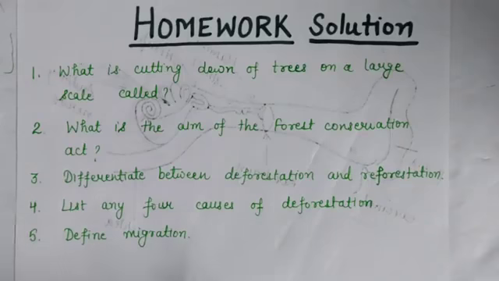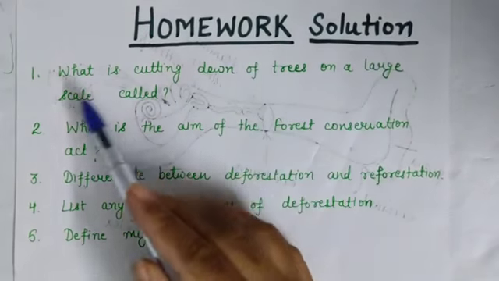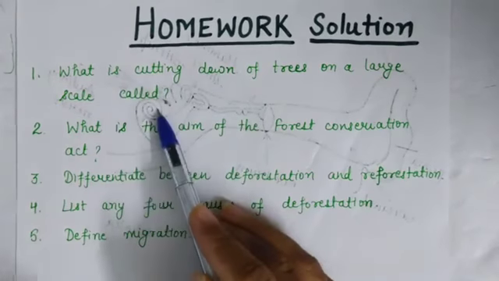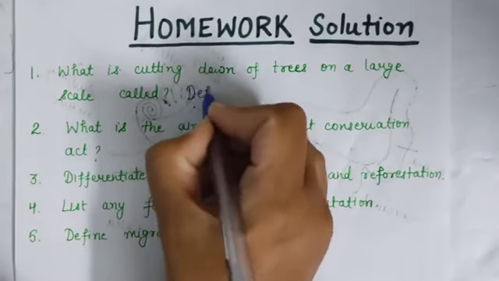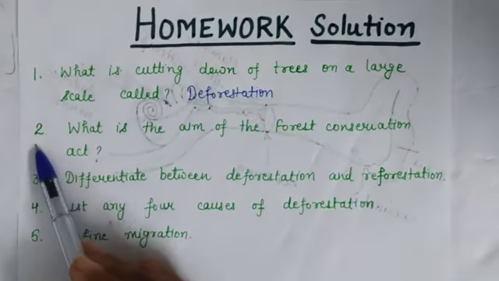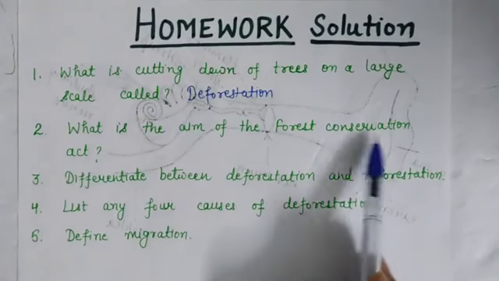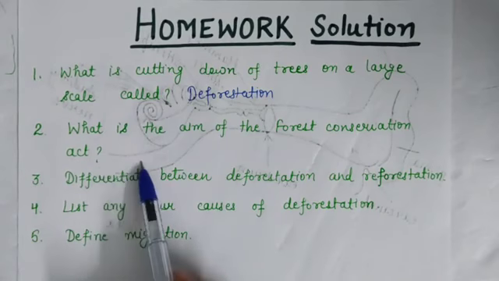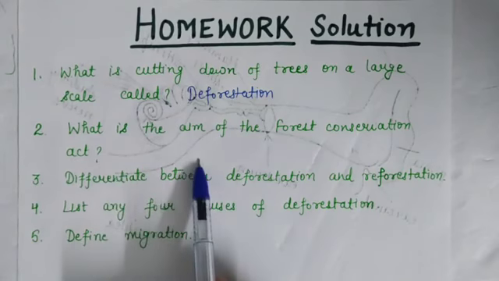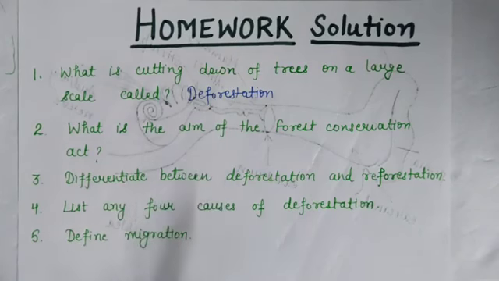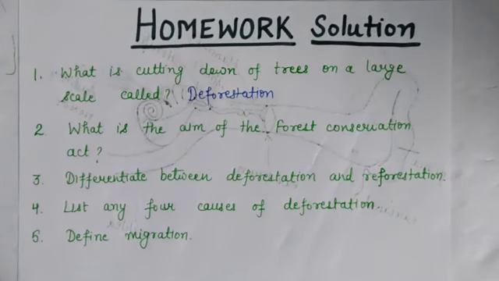Now we will discuss the homework solution of the previous lecture. First question was, what is cutting down of trees on a large scale called? It is called deforestation. Question number 2, what is the aim of the Forest Conservation Act? Its main aim is to conserve forests and help to reduce species extinction.